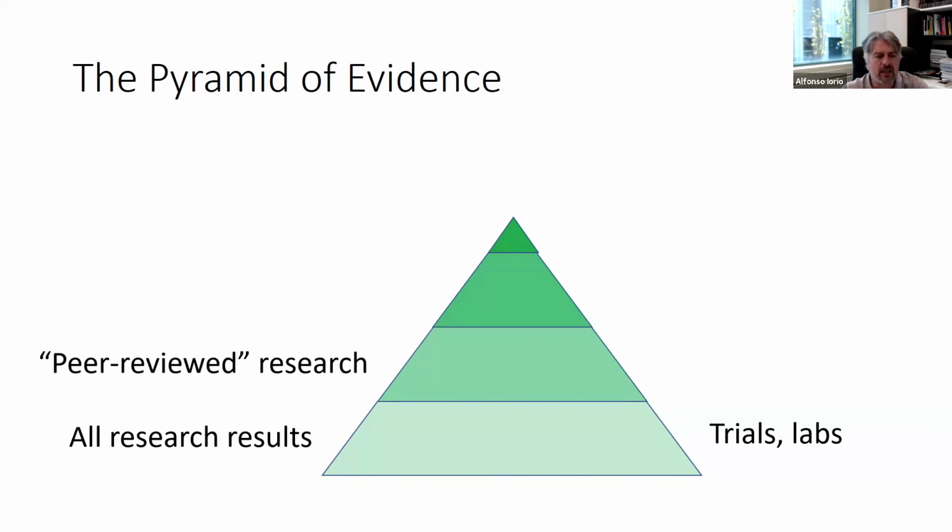Then we have what we call peer-reviewed research. Peer-reviewed research is the way that the scientific community in healthcare has decided to communicate sound results of research. If you move to another field, say physics, they don't have peer review. They just put their research results on a website, and people read them and criticize them. And if they like them, they use the results. If not, they are left there unattended.